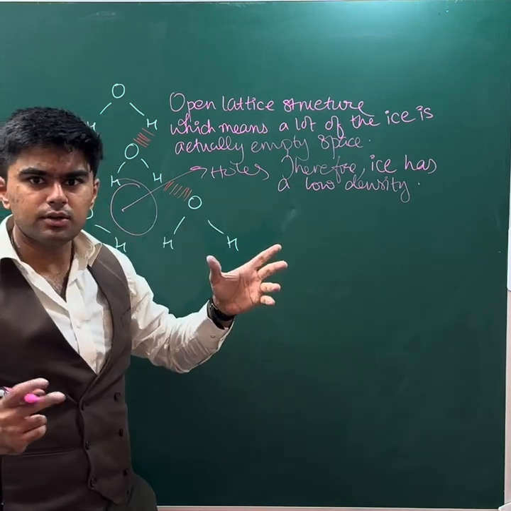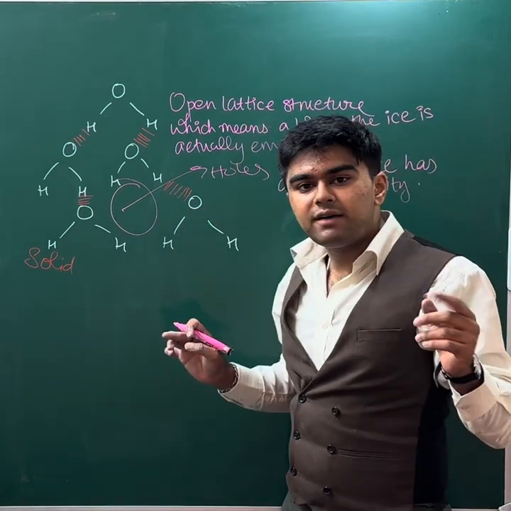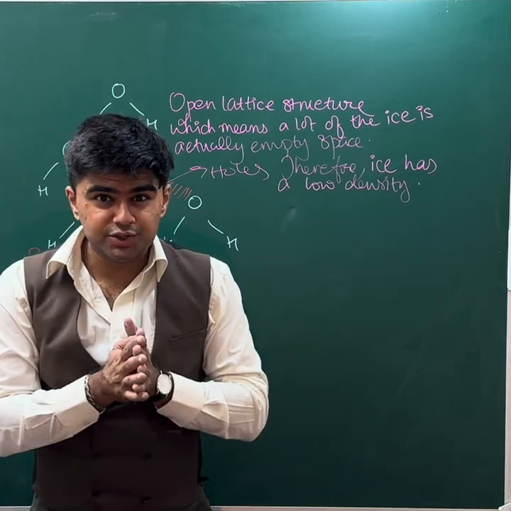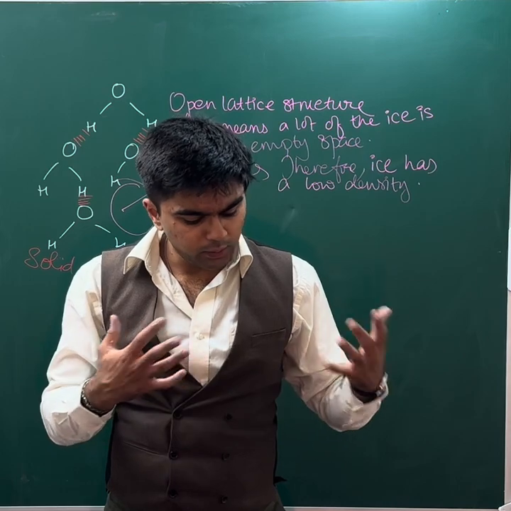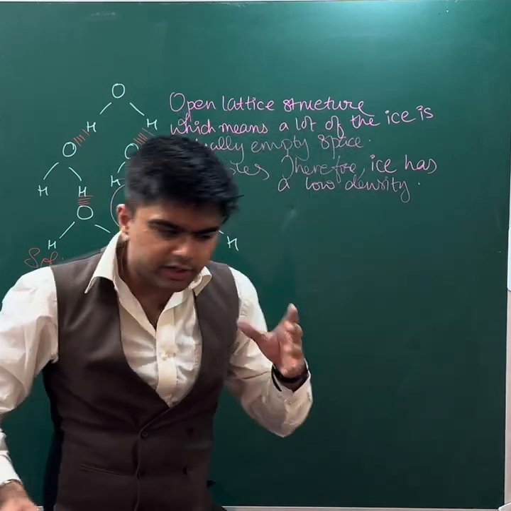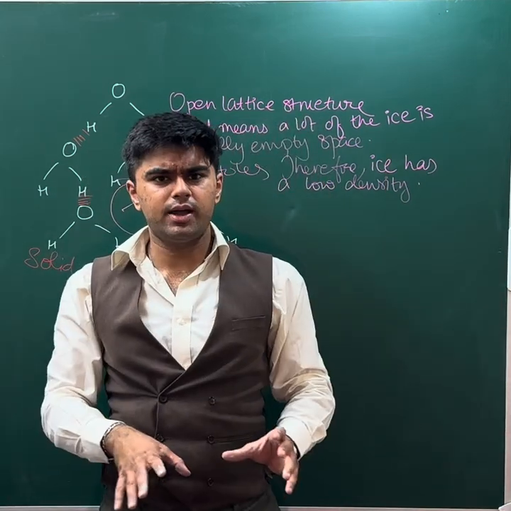But what about water? What about liquid water? What's going on there? Why does that not have a low density? I want you to imagine a bowl of liquid water. All of these water molecules are running around, moving this way, moving that way, moving everywhere.